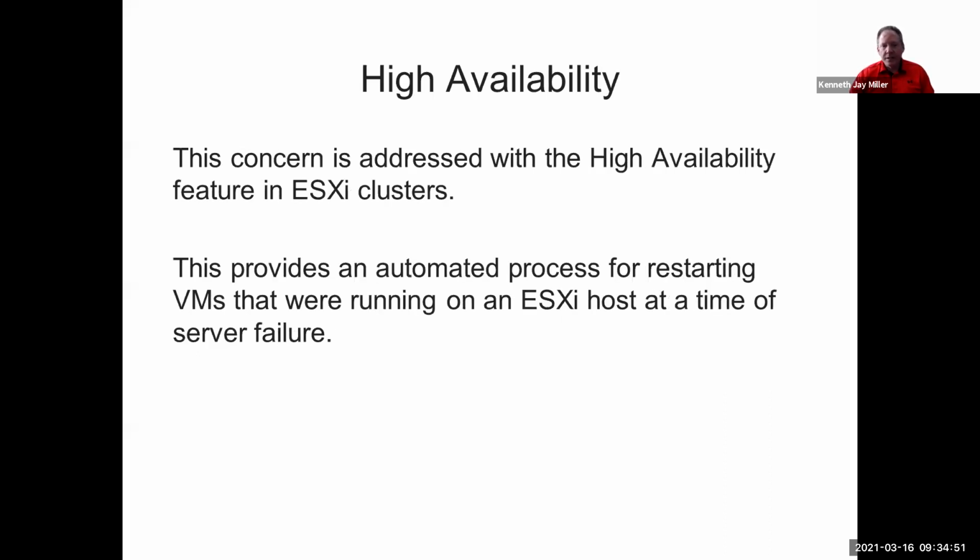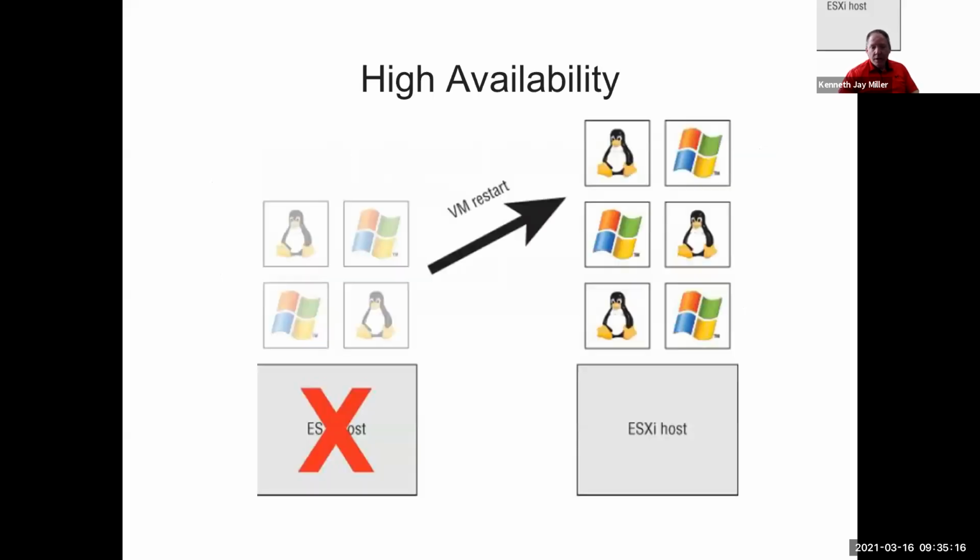So this high availability concern is addressed with the ability to cluster your ESXi hosts. This provides an automated process where it'll automatically restart the VMs that were running on one ESXi host and move them to another host. So this gives us the availability. If this server goes down, these VMs will be moved to another host that's running.